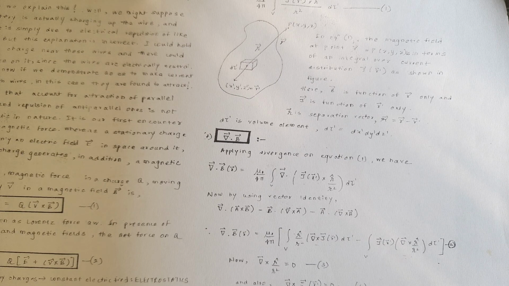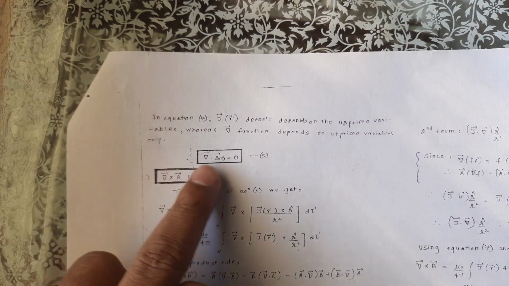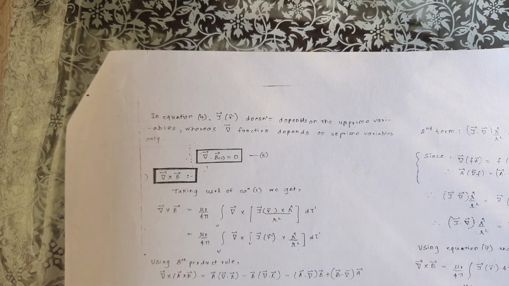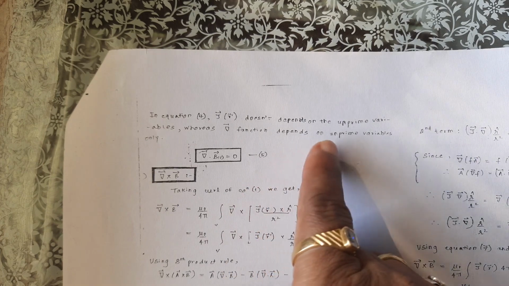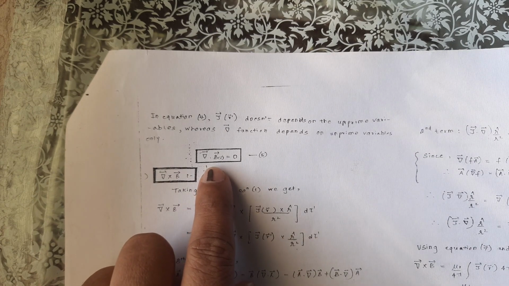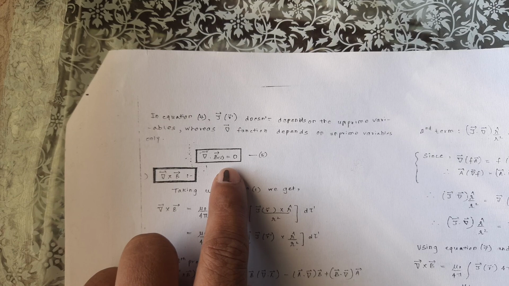Del bar depends on the unprimed variables, whereas J bar dash does not depend on the unprimed variables. So the divergence of this magnetic field is equal to 0.